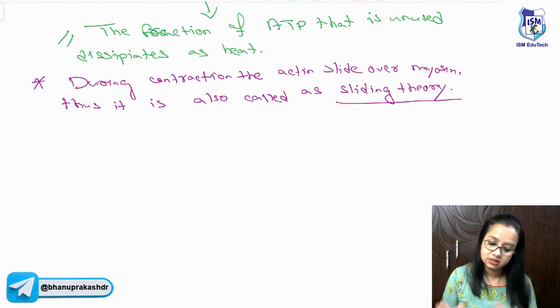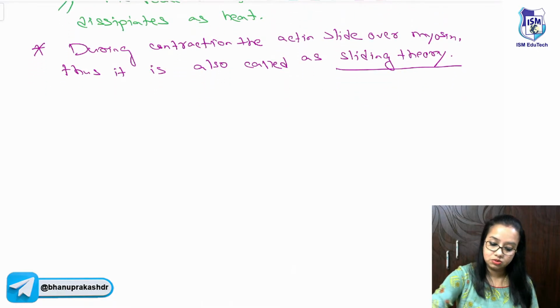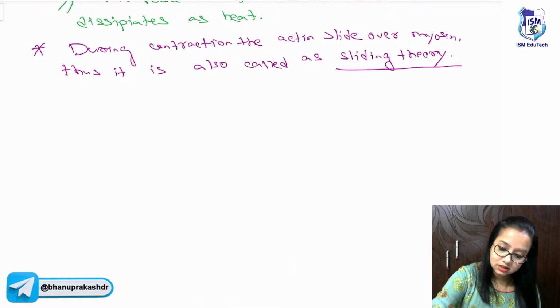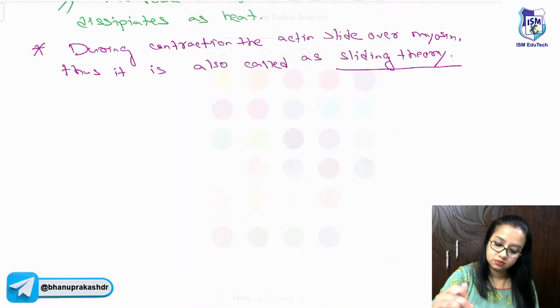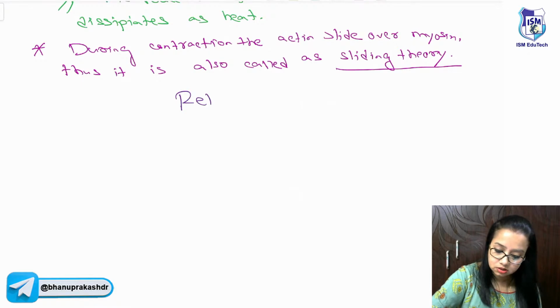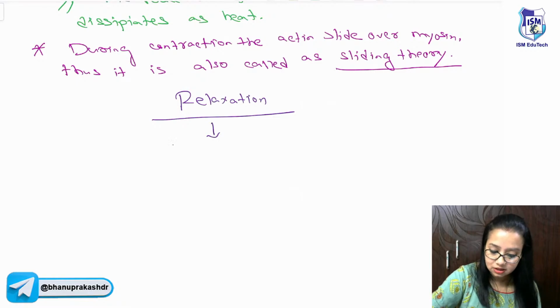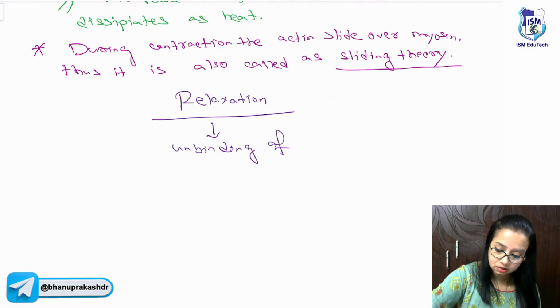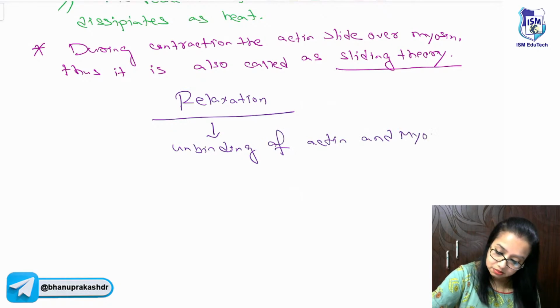Okay, so last time what did we study? That the actin and the myosin form the actomyosin complex, which is very, very rigid, and there is nothing that can unbind them. So now how does relaxation happen? Relaxation is the unbinding of actin and myosin.